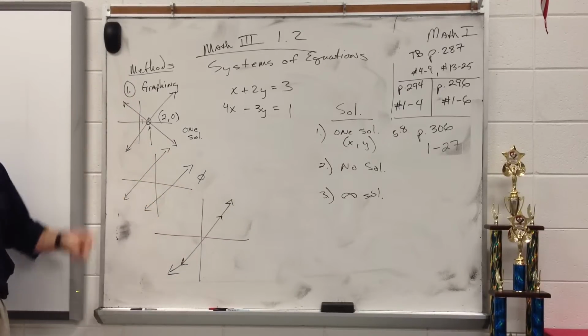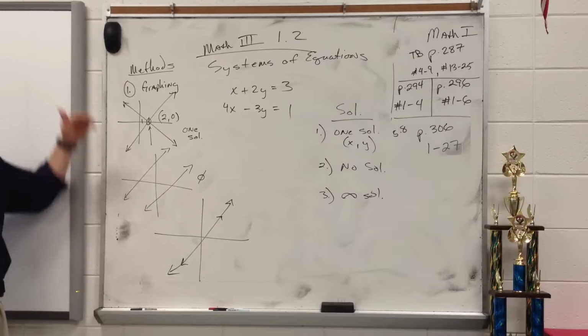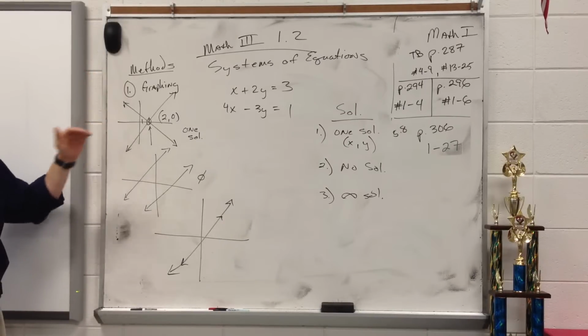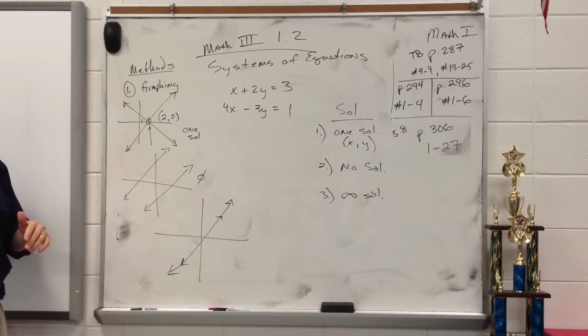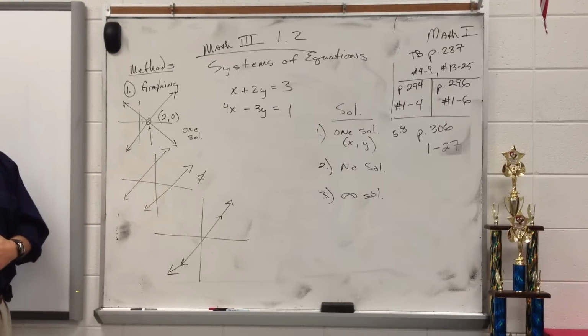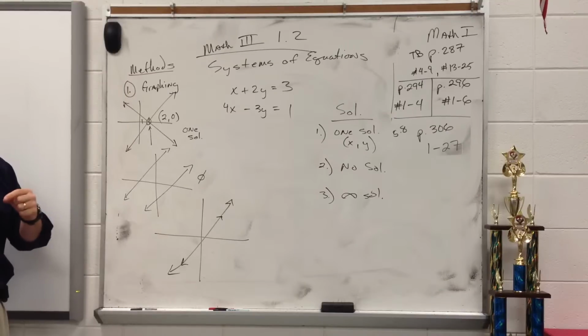We have two more methods to talk about. But method number one is graphing. It's the hardest method. Why? Because it's the most time consuming. You got to remember slope and y-intercept. Sometimes you have to use x and y intercepts. It just takes the longest time. If you're off a little bit, if you're not using graph paper, it gets a little confusing.